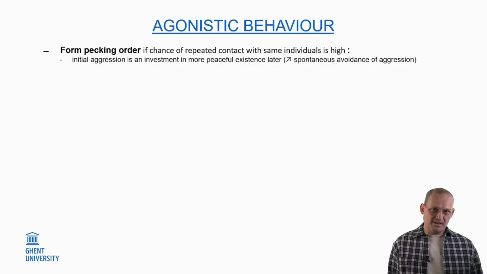If they're living in too big a group or in very dynamic groups, it doesn't seem worth the effort to try to establish a pecking order. So the initial aggression of forming a pecking order is actually an investment in a more peaceful existence later on, in which more spontaneous avoidance prevails over overt aggression.